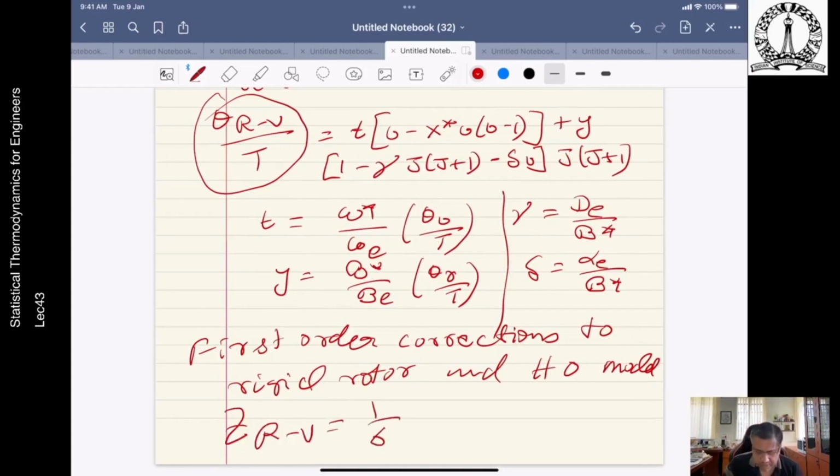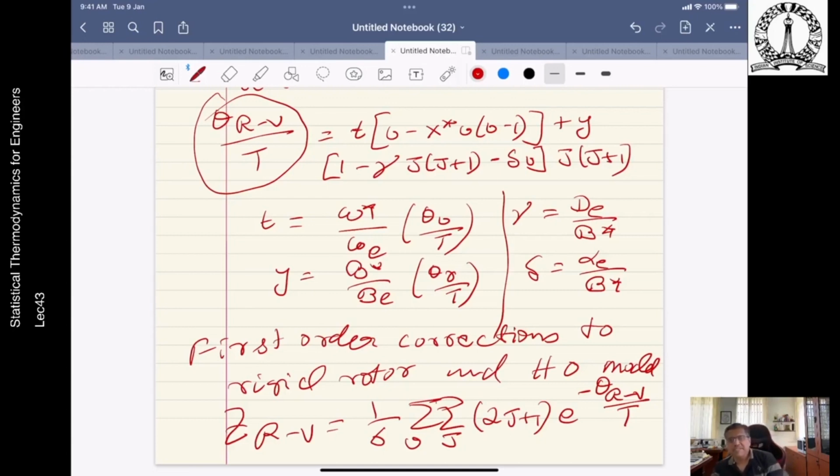Q RV equals 1 over sigma, double summation over V and J, 2J plus 1, exponential of minus theta RV by T. So that is the partition function. In the next class, we will see how this partition function can be broken up into two using the Euler-Maclaurin approach. But this is what it is.